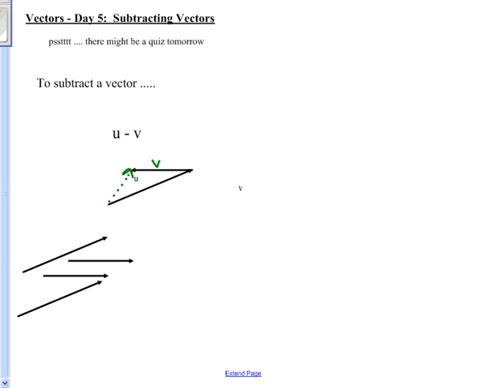So this is v going in the opposite direction. So u take away v is right there. So to subtract vectors, we add the opposite, just like integers.